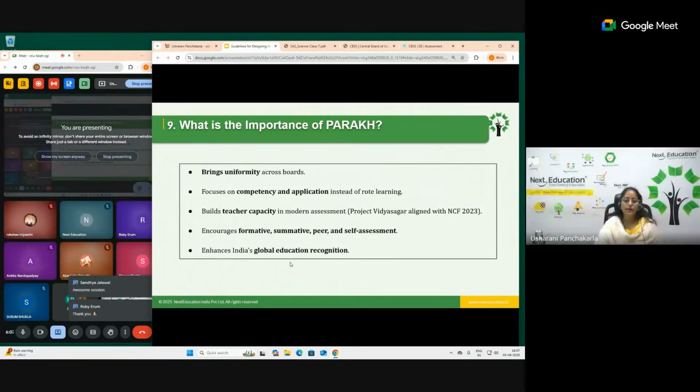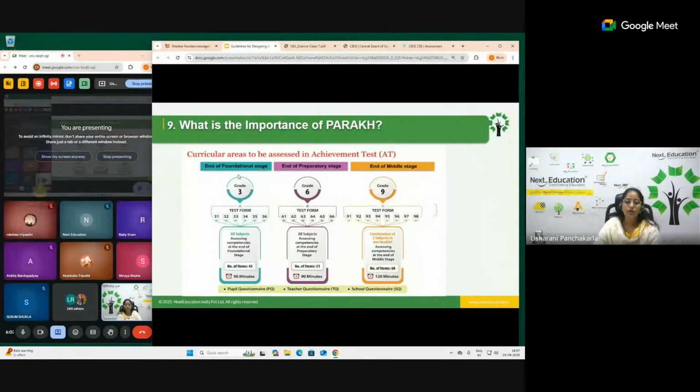So when students go out of our country to a foreign country, obviously recognition would happen, provided all this is inculcated into our curriculum and our assessments. Now coming to the curricular areas to be assessed in achievement tests.